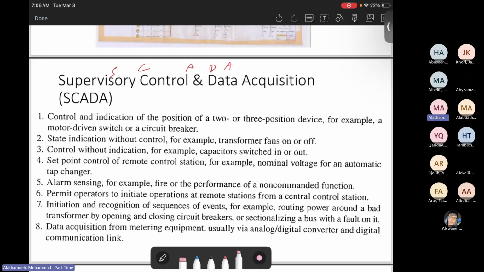The SCADA system allows us to monitor and control the electricity remotely from outside, by making serial communication channels using OPGW or line traps, which we will talk about later. With SCADA, we have software that we can access to control it. Then we can control the electricity remotely. We can monitor the substation remotely using SCADA control.